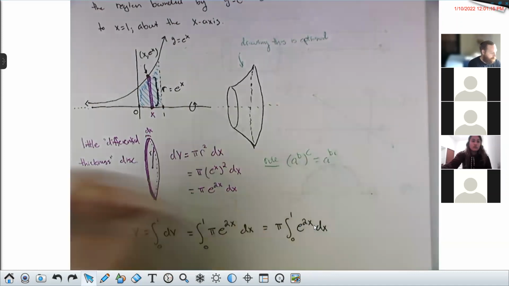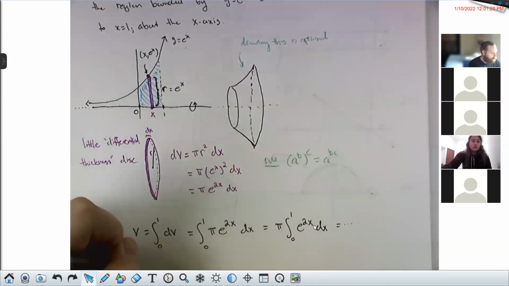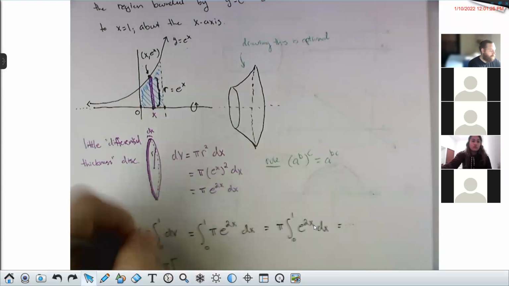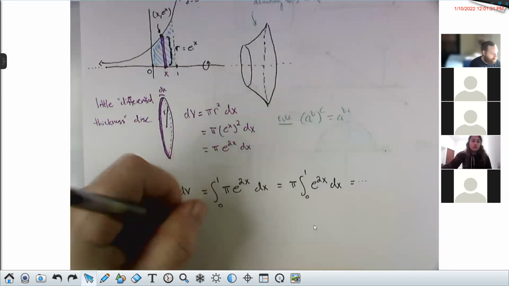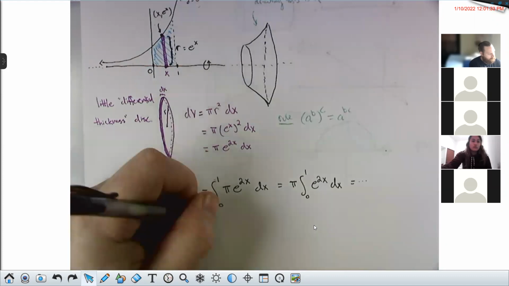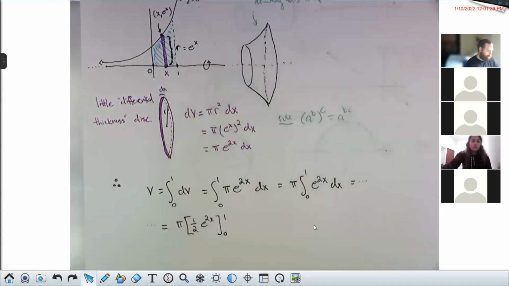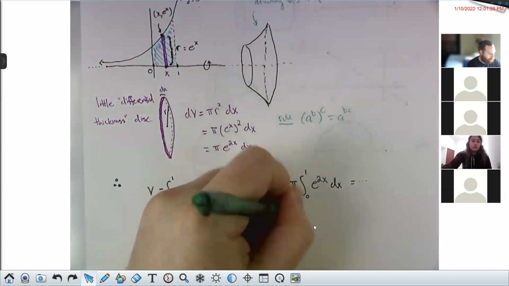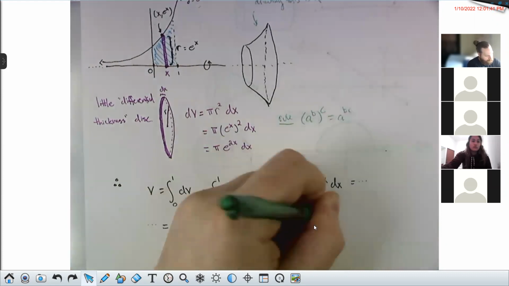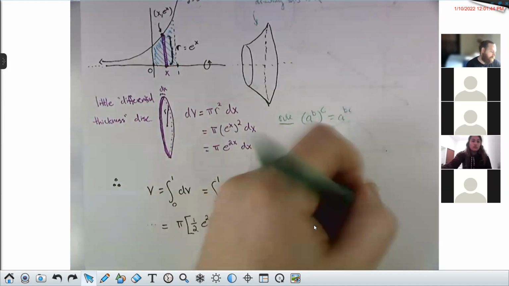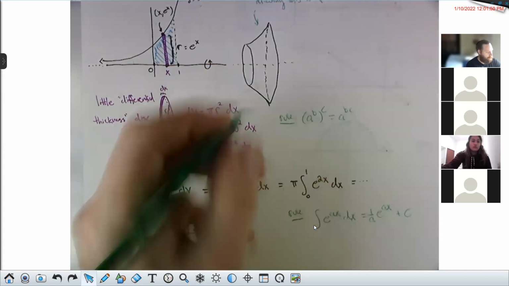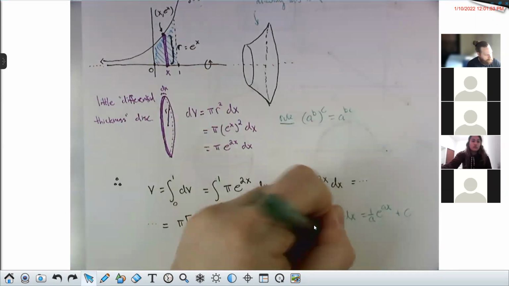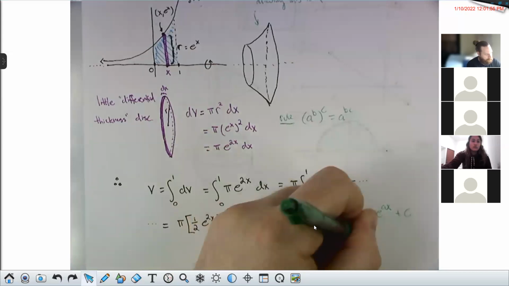Your antiderivative here is going to be pi, and then the antiderivative for e to the 2x is 1/2 e to the 2x. And we evaluate this from 0 to 1. Here, the integral of e to the ax dx is 1 over a times e to the ax plus c, which we call micro substitution.